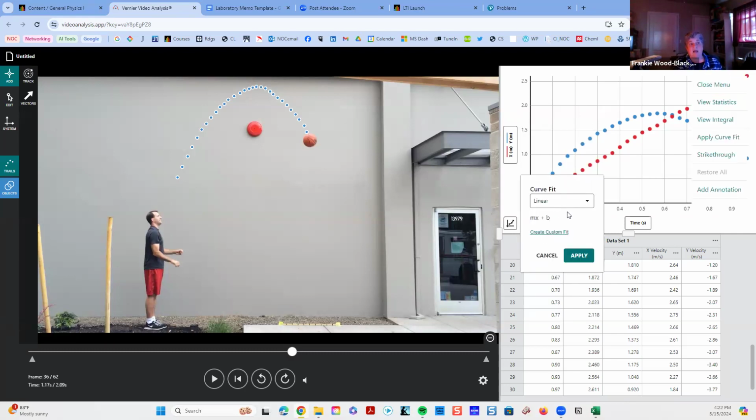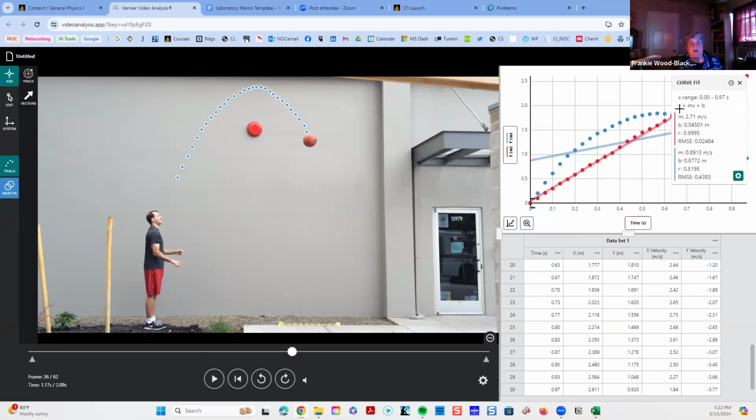I'm going to apply a linear curve fit to my red data, and the red data tells me I've got a very nice straight line. It gives me a slope, it gives me my y-intercept, and the R value tells me how good the data is. So I can model my actual motion in the X direction by using a straight line.